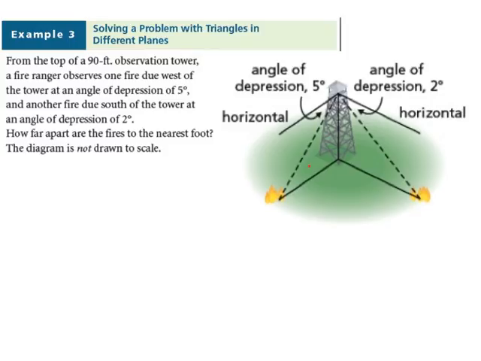So let's take a look at the diagram and the missing information from the diagram. We know that the tower is 90 feet tall, and that the angle of depression is 5 degrees for one fire, and the angle of depression for the other fire is 2 degrees.